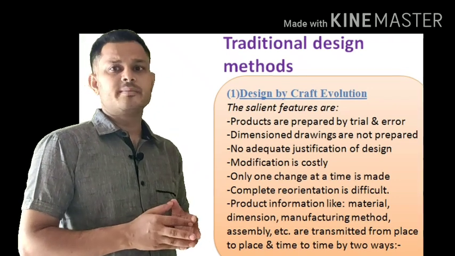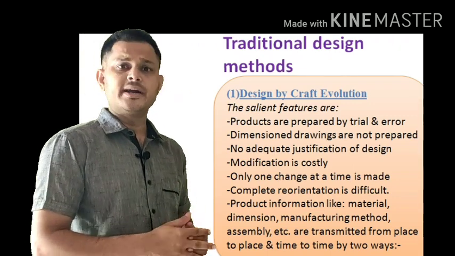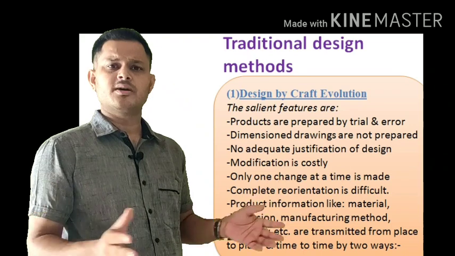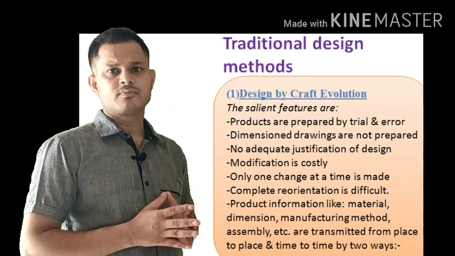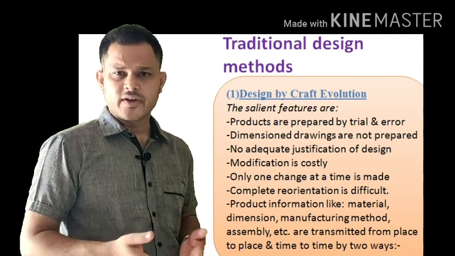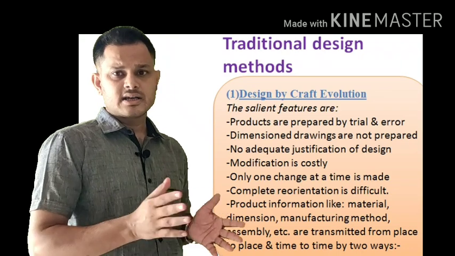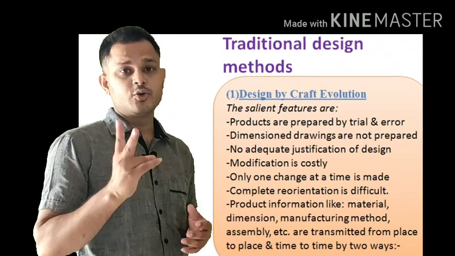Only one change at a time is made. One or two changes at a time can be made. Complete reorientation is difficult. A complete makeover, a complete change of the product with many modifications, is difficult. Product information like material, dimension, manufacturing method, assembly is transferred from one place to another, or from time to time, in two ways.